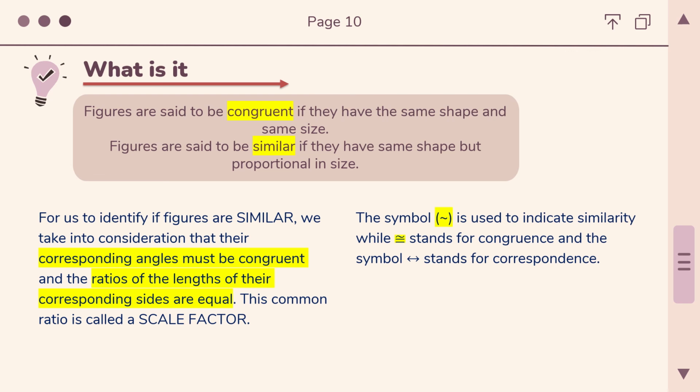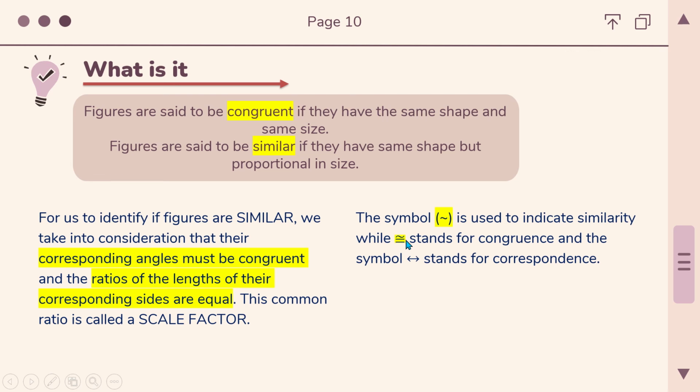The symbol kani siya nga murag wave is used to indicate similarity. Which is similarity, dili gid exactly the same. It is different with congruency. When you say congruency, ang equality is being established, but when you say similarity, more or less, almost the same.